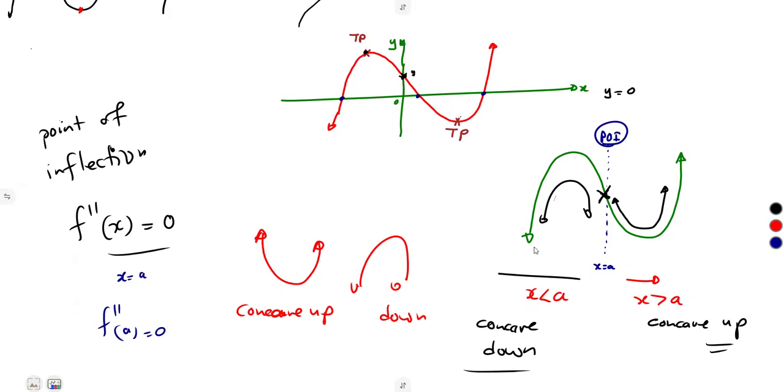Those applications, you are going to use in your calculations. You must understand this part. Turning points tell us increase or decrease. The point of inflection tells us concave up or concave down. That is the condition that is very, very important.